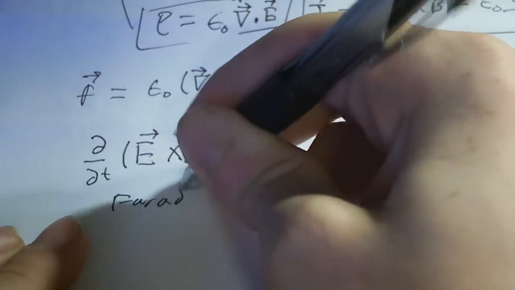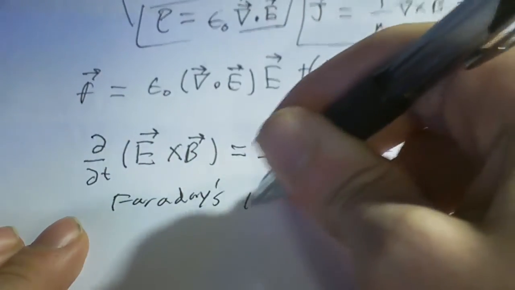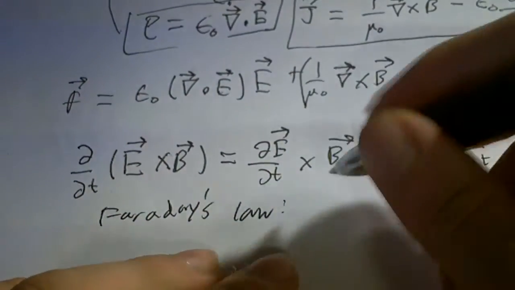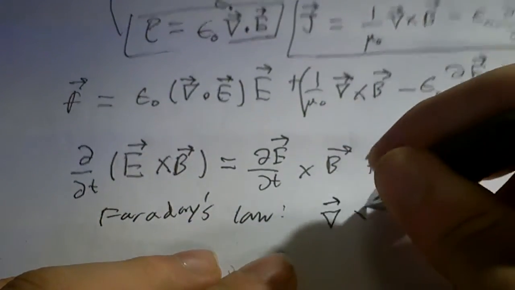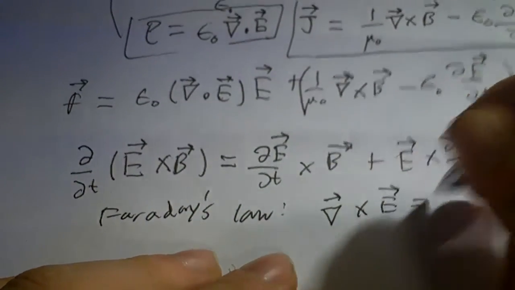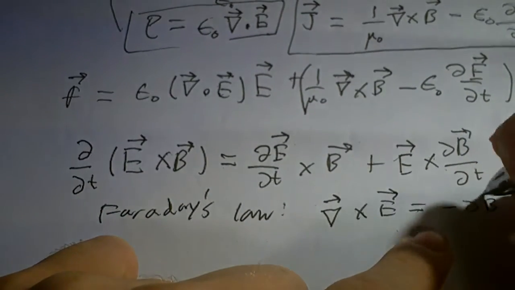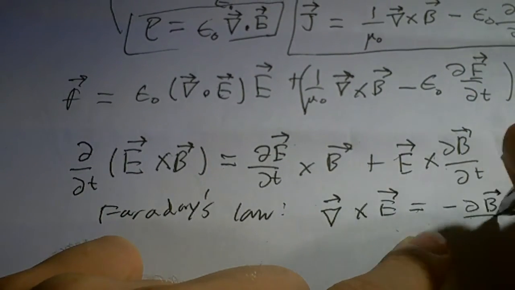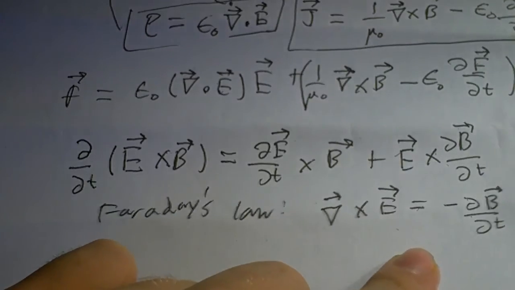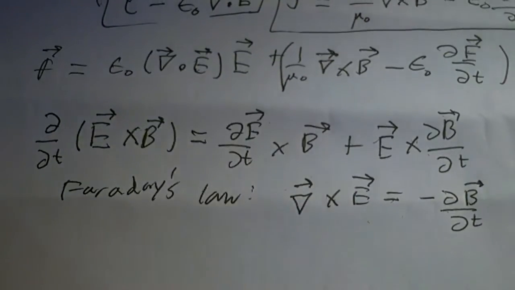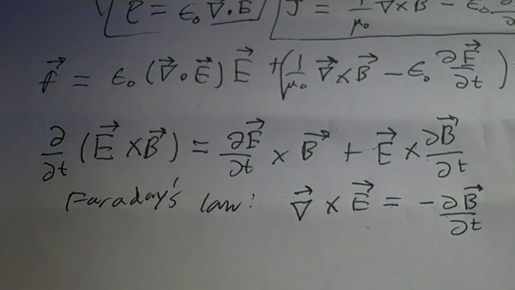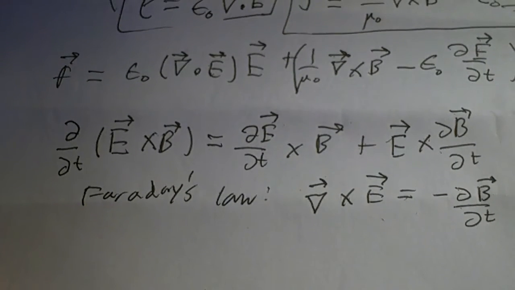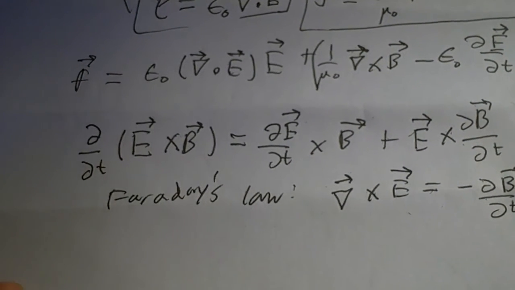But from Faraday's law, the curl of E equals minus the rate of change with respect to time of the magnetic field.